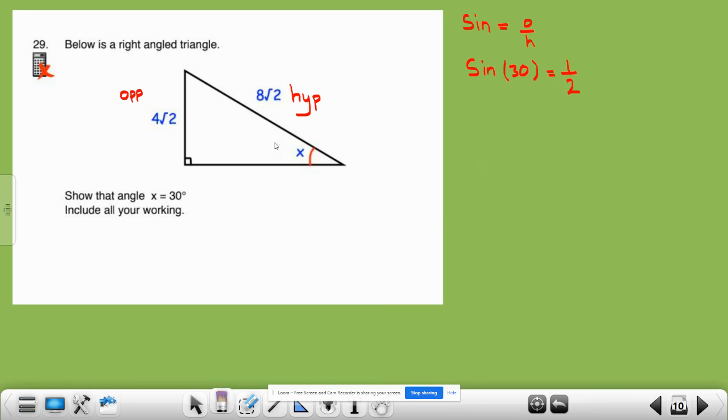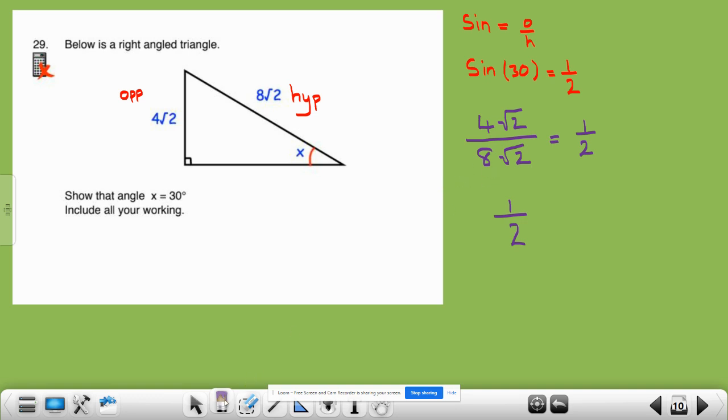So that means we need to show that 4 root 2 over 8 root 2 equals 1/2. Just looking at that, I think we can pretty much show that, can't we? If we divide by 4 root 2, we are going to get 1/2.